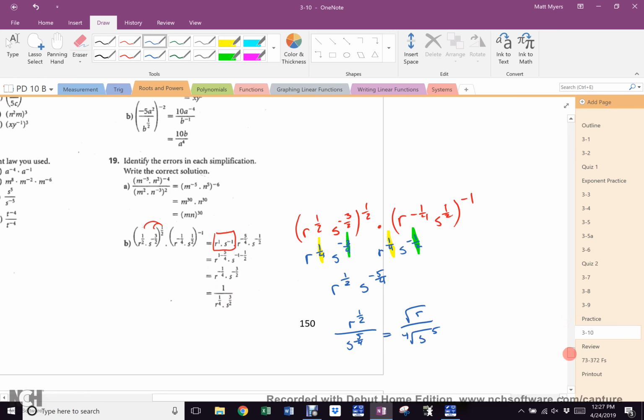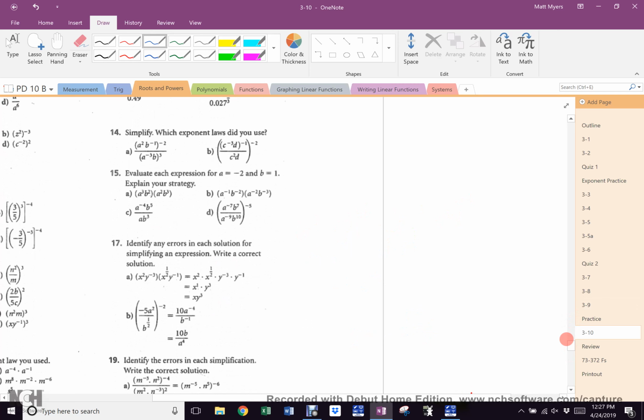17a. Sim salabim. X squared y to the negative 3 times x to the 1/2 y to the negative 1. What should you be doing with those exponents with x? Adding them. So that is x, now 2 is 4 over 2, plus 1 over 2 is 5 over 2.